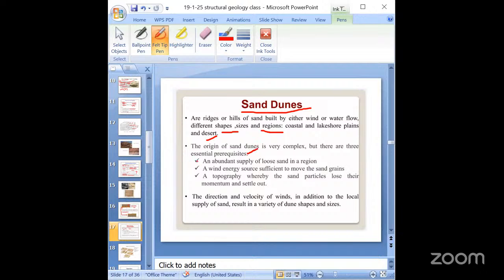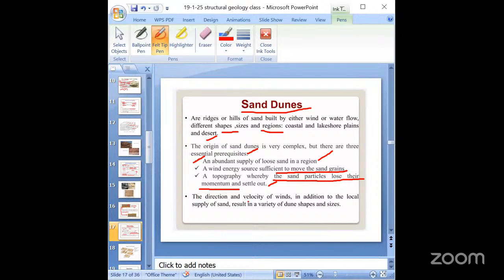The first is an abundant supply of loose sand in a region, the next is a wind energy source sufficient to move the sand grains, and the third is a topography whereby the sand particles lose their momentum and settle out. Okay, these are the three essential prerequisites.